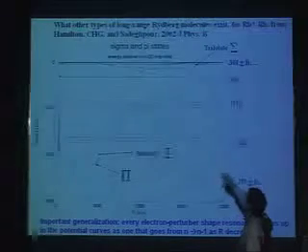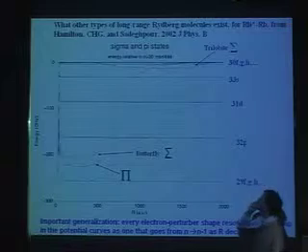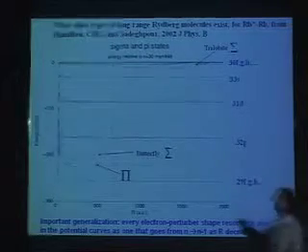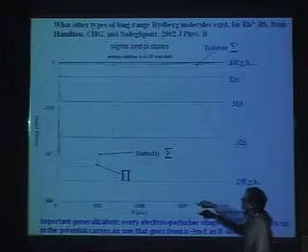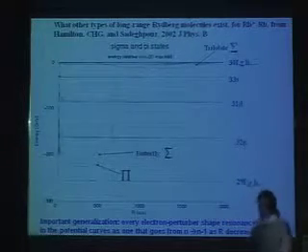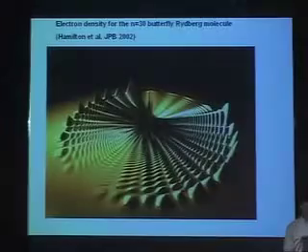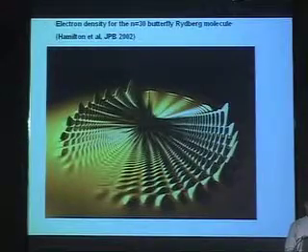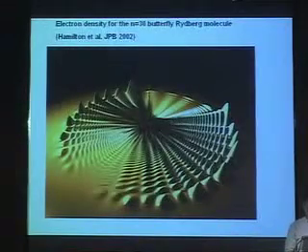And at that time, we weren't so interested in these low L states, how they were affected, but we are more interested in the high L states, which go into what we call the butterfly potential curve, because its electronic wave function looks like a butterfly, and we're into animals at that time in the group.